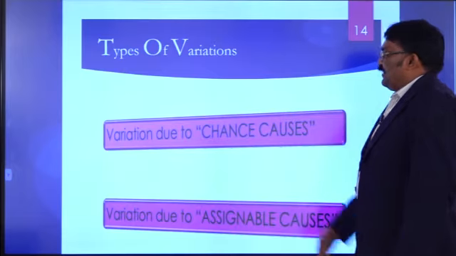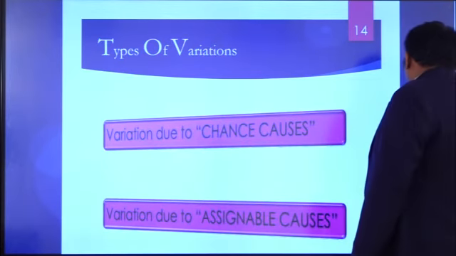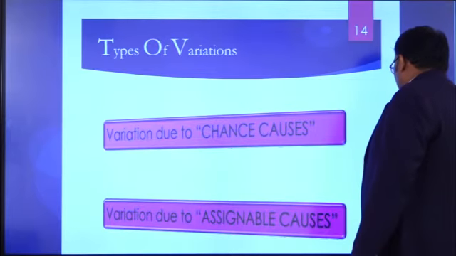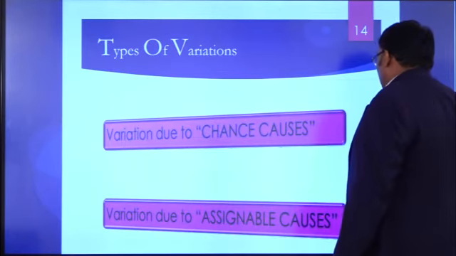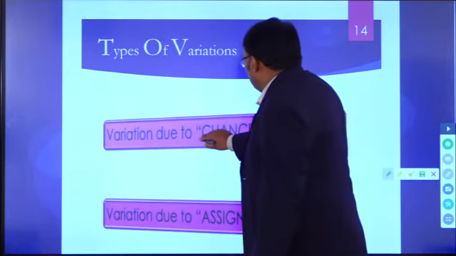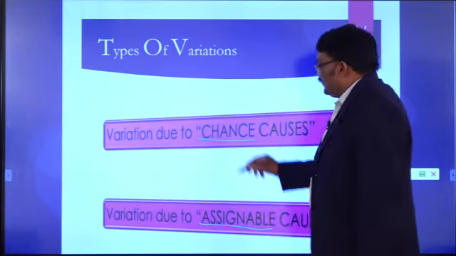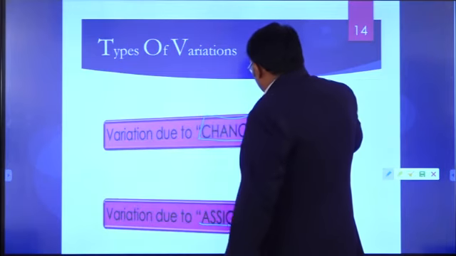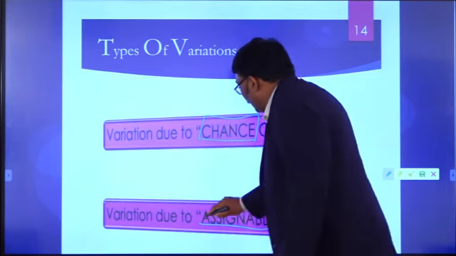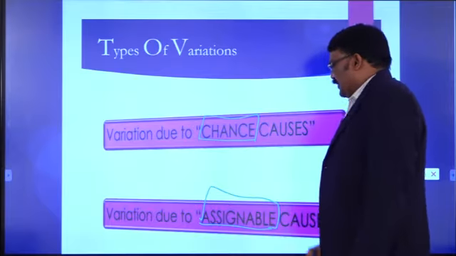Now, types of variation. There are variations because of two parameters: one is chance, and the second is assignable. That means either because of chance there is a variation, or because of assignable causes there is a variation, right.